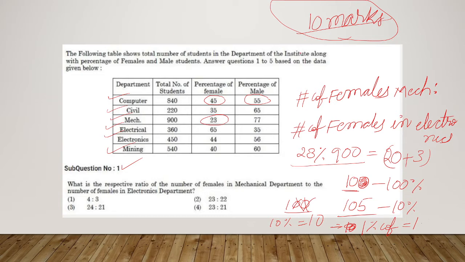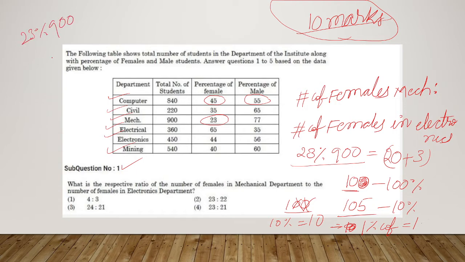Suppose you are not from a maths background, it may be very difficult for you. That's why I am repeating how to find 10 percent and 1 percent. It is very important. In our question, the percentage of females in mechanical is 23 percent out of 900.